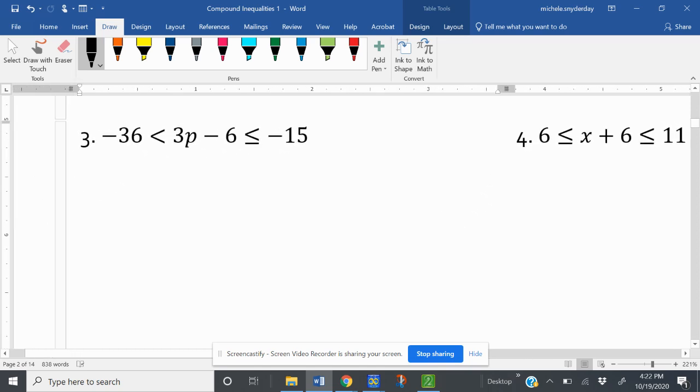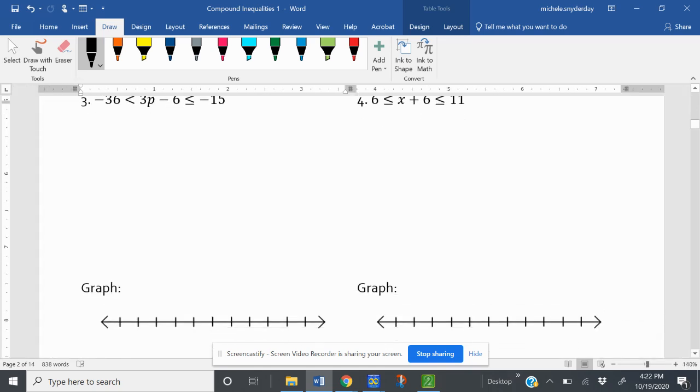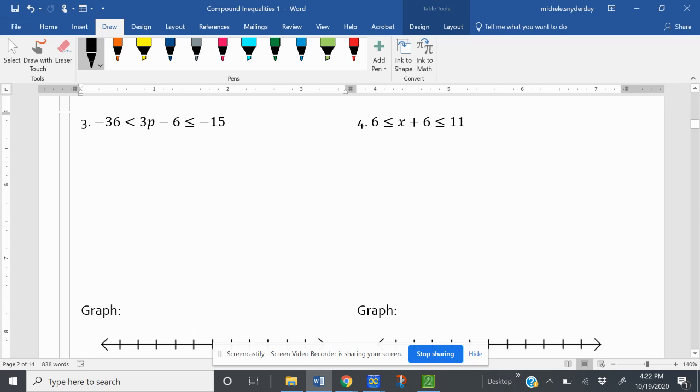Okay, we'll do the next two examples real quick. These are both written all together, and number 3, I believe, is what we solved above, and I separated them. But you do not necessarily have to separate them. You just have to make sure that whatever you do to one side of every inequality, you do to all sides. So in this case, we want to get the p in the middle.